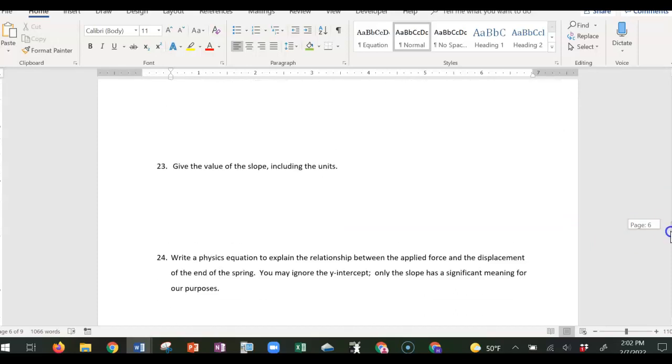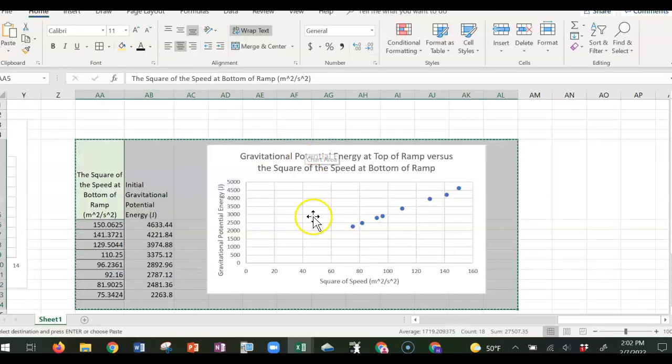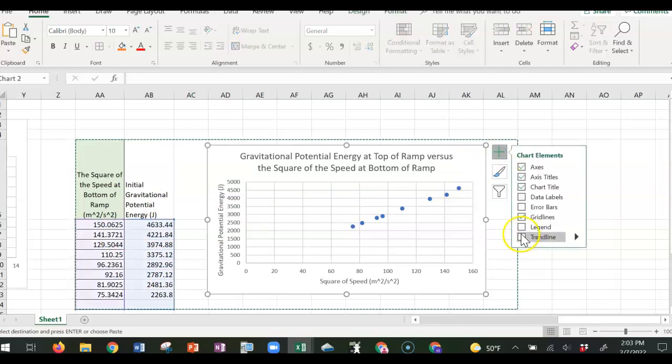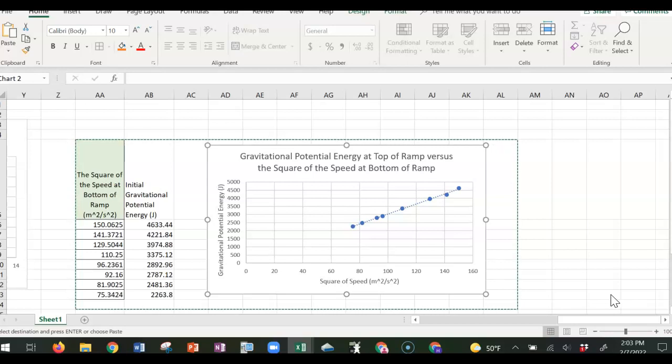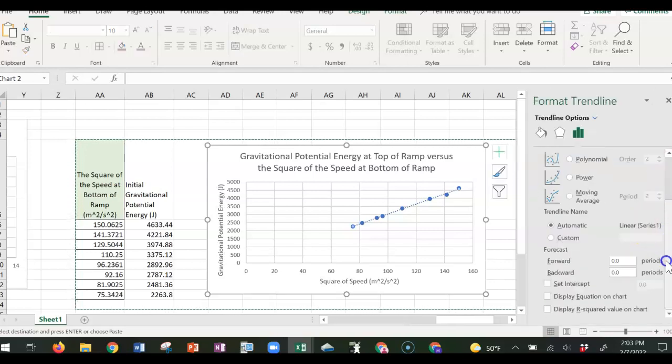And so then we want to give the value of the slope, including the units. You can just use any 2 points in this table to calculate your slope. You could also ask it to do a linear trendline and show you the equation. Let me see if I can find that, where it says display the equation on the chart.